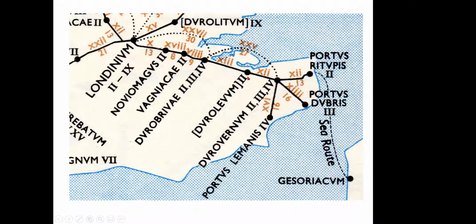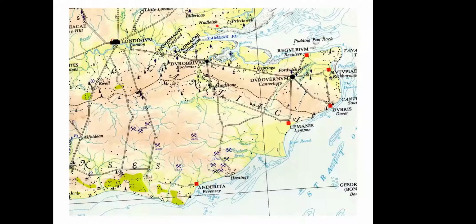There have been several theories about where it is. Sittingbourne seems to be the most popular. And here we have those original Roman names and the modern equivalents of them, and Durolevum is missed off this because we simply don't know where it is.